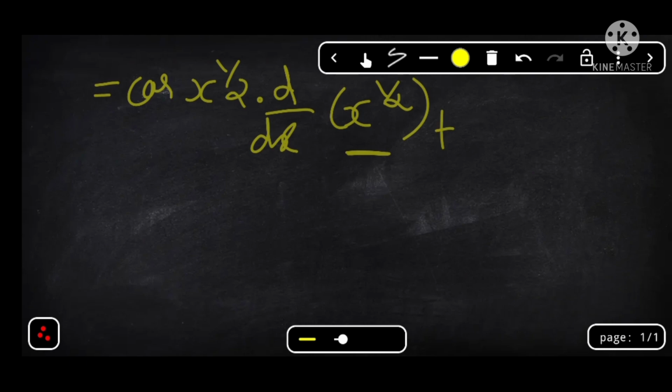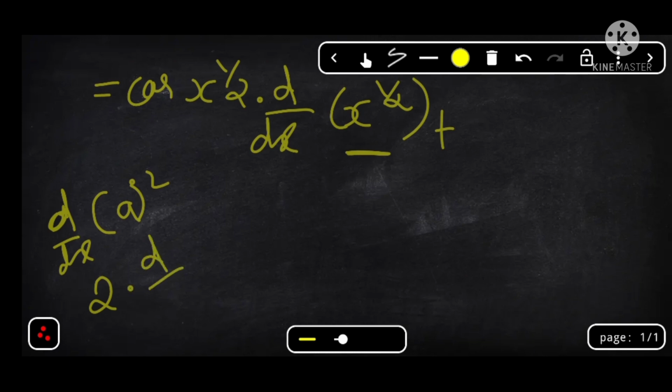Plus, what about the other side? So we had d by dx of cos x raised to 1 by 2 the whole square. Okay, so whenever d by dx of a square comes, it will be 2 into d by dx of a.